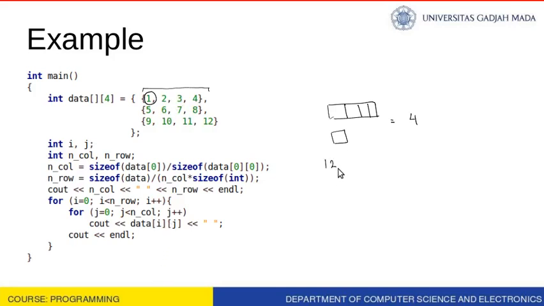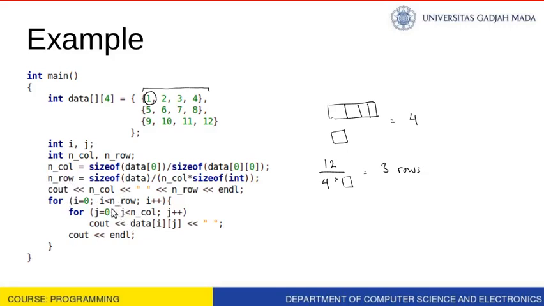And then you divide by the number of columns that we have here, which is 4, and then you multiply with the size of integer, this memory allocation for the integer. Therefore, you will have 3 rows for the size of the row.